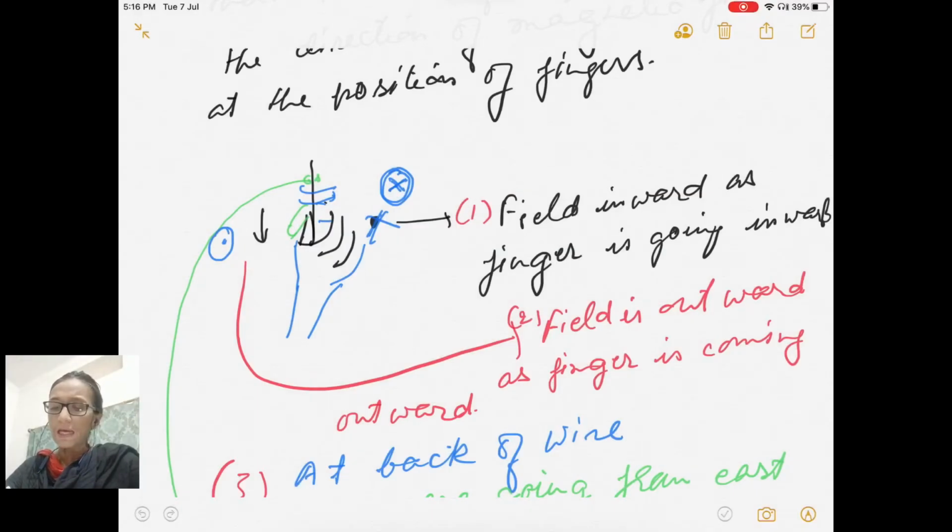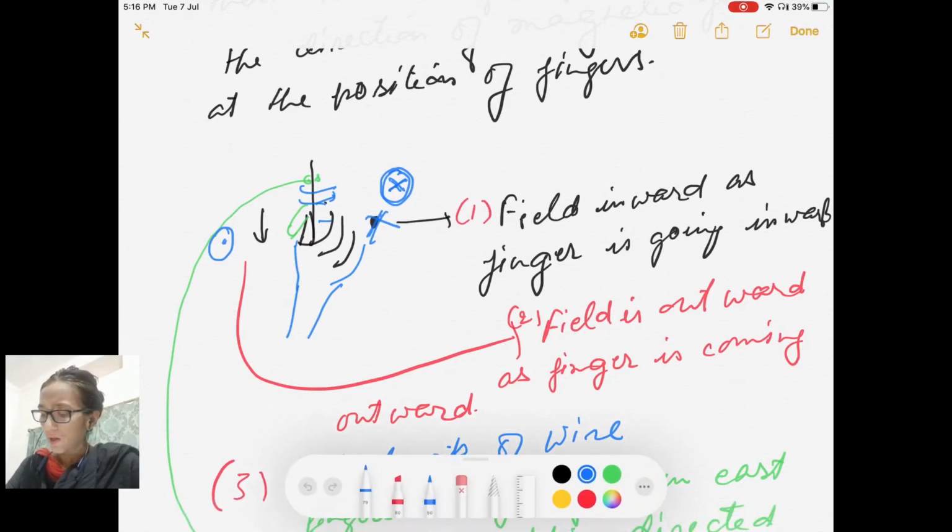Now the field going inward is shown by a cross mark surrounded by a circle. As with an arrow going away from us, we only see the back of the arrow, and that is the shape of this cross. So field going inward is represented by a cross mark surrounded by a circle, and also the current going inside.